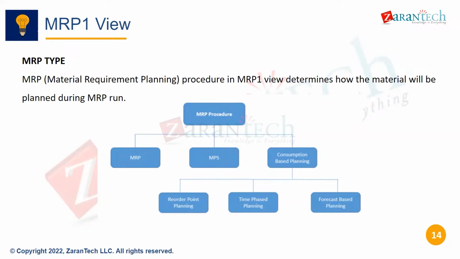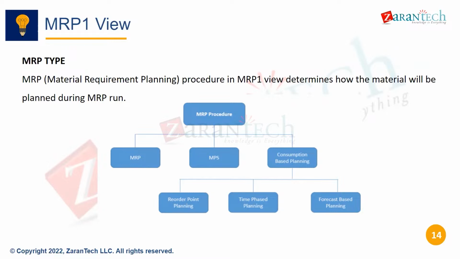Only when you're sure about this, you can do time phase planning. Then there's forecast-based planning, where you do the forecast from past consumption. So MRP, MPS, and consumption-based planning are the three different ways you can do planning. Finally, you run MRP for all of them, but you set it up in the material master this way.